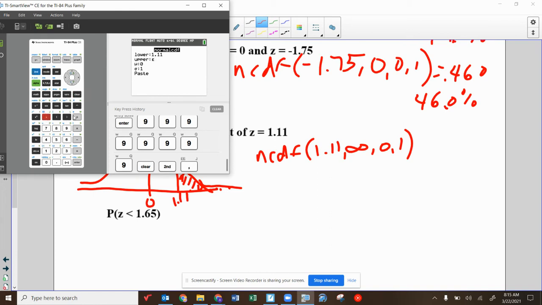I'm not sure why it does that, but then I'm going to type in a 99. What that would be is a 1 followed by 99 zeros. Obviously a large number. Okay, so 13.3%.